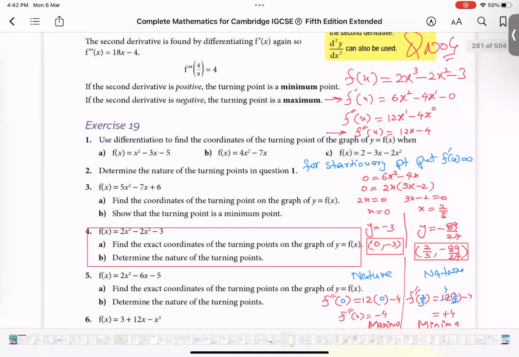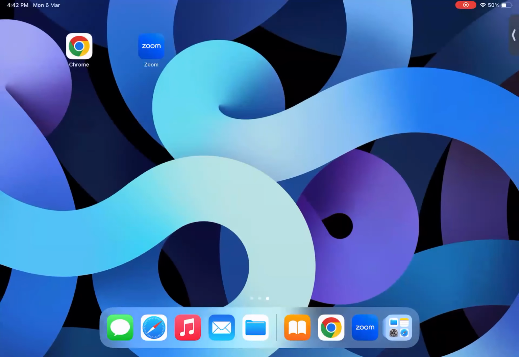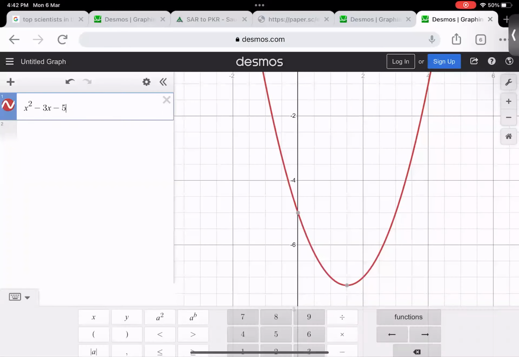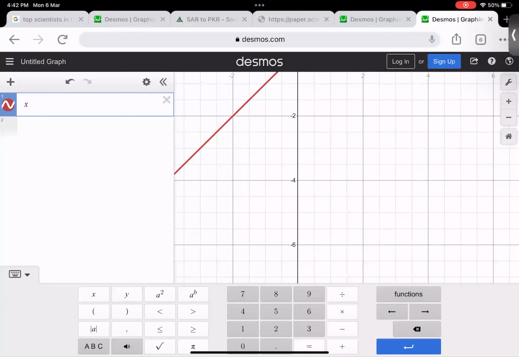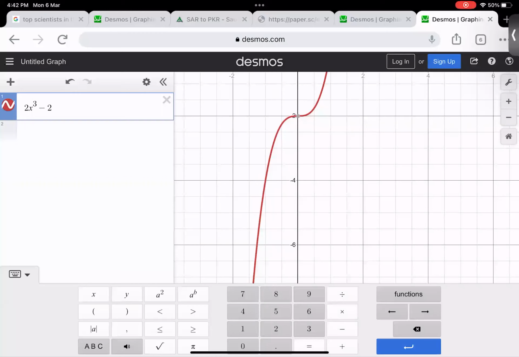But before I plot it, I will draw on the graphical tool. So all of you get ready. And I'm going to draw, make it here. All of you ready? See, first of all, 2x to power 3, then negative 2 times 2x to power 2, then minus 3.